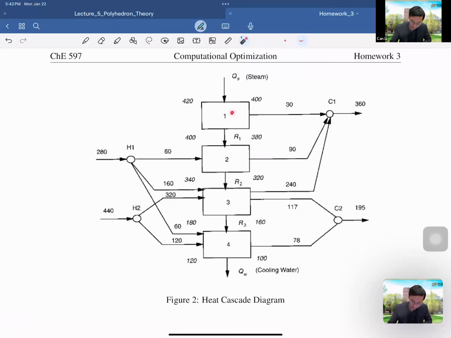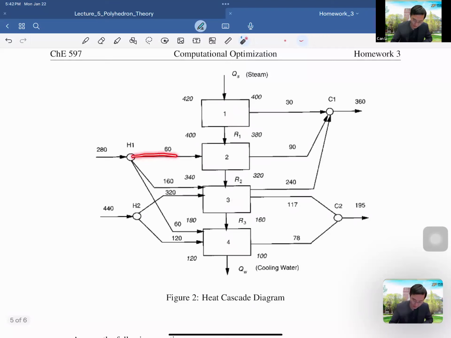The 1, 2, 3, 4 denote the temperature intervals. And here's the heat H1 has to lose in this temperature interval. And similarly, in temperature interval 3, those are the energy H1 needs to lose.